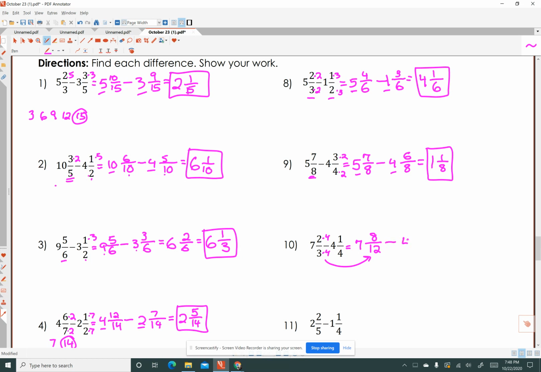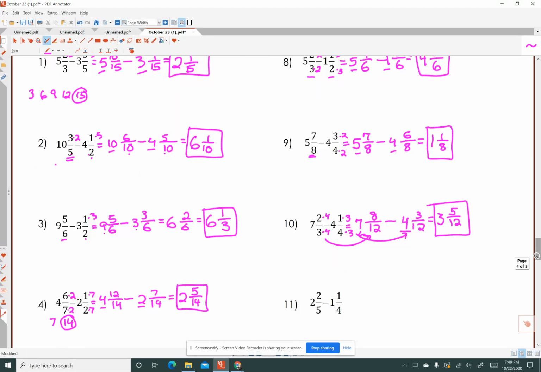Minus 4. 4 and how many 12ths? Well, 4 times 3 gives me 12. 1 times 3 is 3. Now, 7 take away 4 gives us 3. We're working in 12ths. 8 minus 3 is 5. So 3 and 5/12 is the final answer.